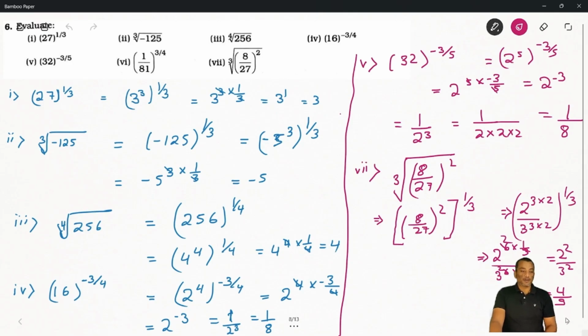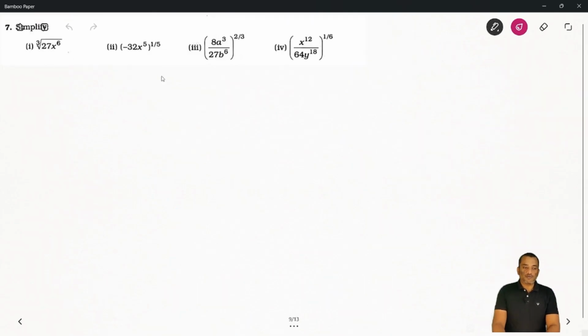Okay, so next question, you have a total of 7 saying simplify. The first question is cube root of 27 x to the power 6. So first we will try the first one. So we will say cube root 27 x to the power 6, and here 3. First we can do the prime factorization of 27. It is coming as 3 cubed. So we can say 27 times x to the power 6, and the whole is a cube root, so we can write 1 by 3.